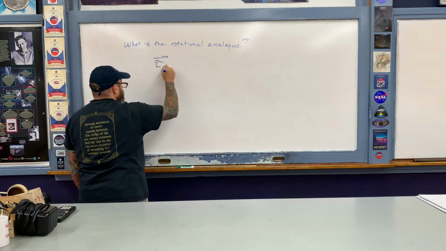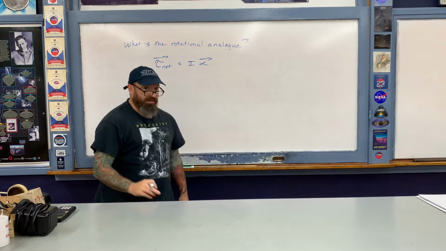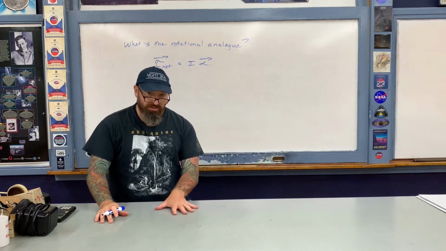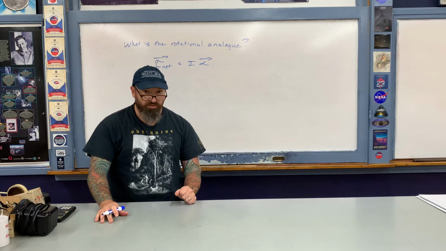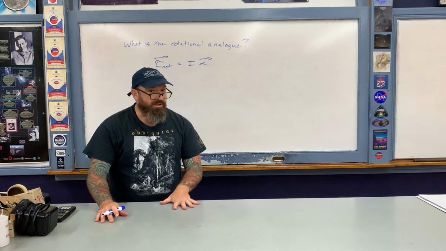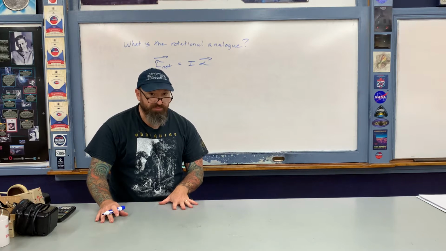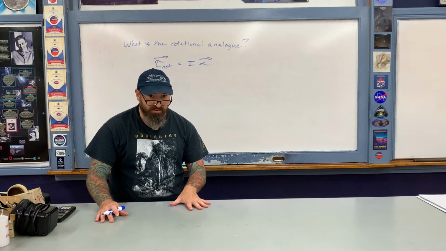Net torque equals rotational inertia multiplied by alpha, the angular acceleration. Recall, of course, that this expression applies to two situations: the rotation about a fixed axis with respect to an inertial reference frame, or an object that is undergoing a rotation and a translation with respect to an inertial reference frame, as long as the rotation is about an axis passing through the center of mass.